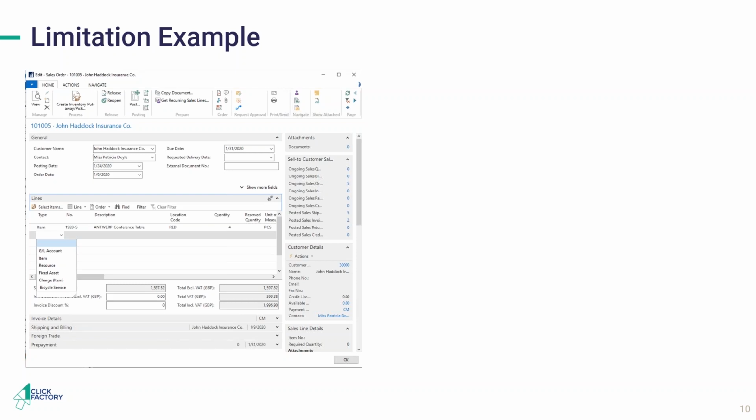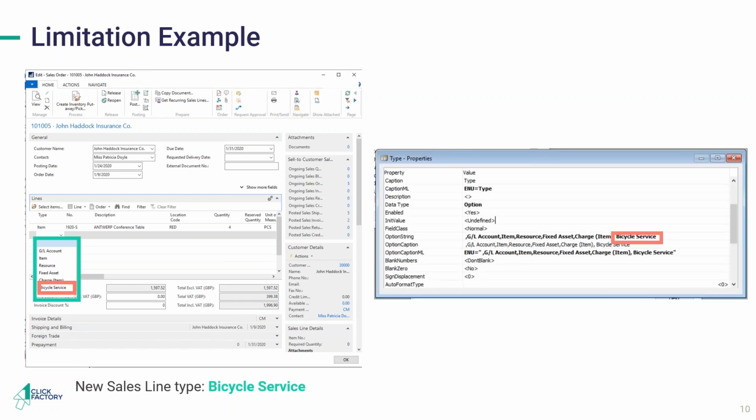And I have added an additional modification on the sales line, which is basically a new sales line type called bicycle service. This bicycle service is an additional option which I have added through C/AL. I opened up the object directly, I opened up the specific field, and I added the additional option string.